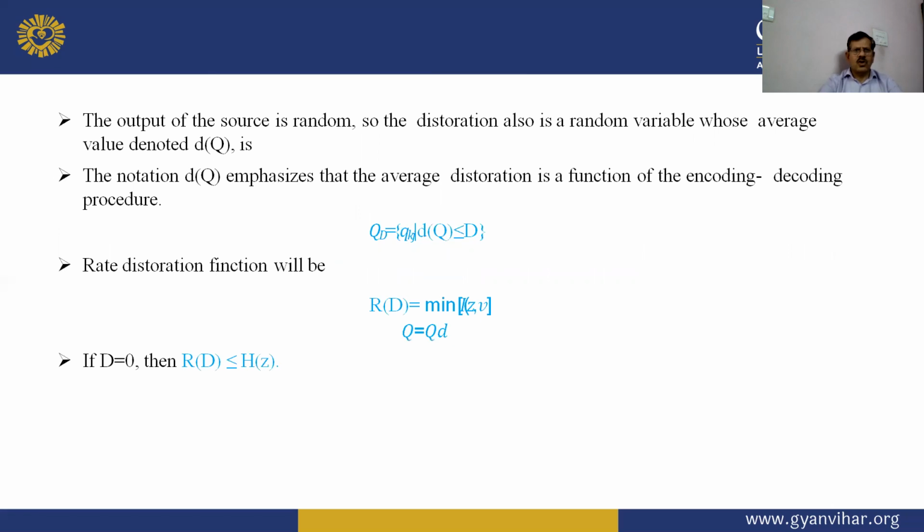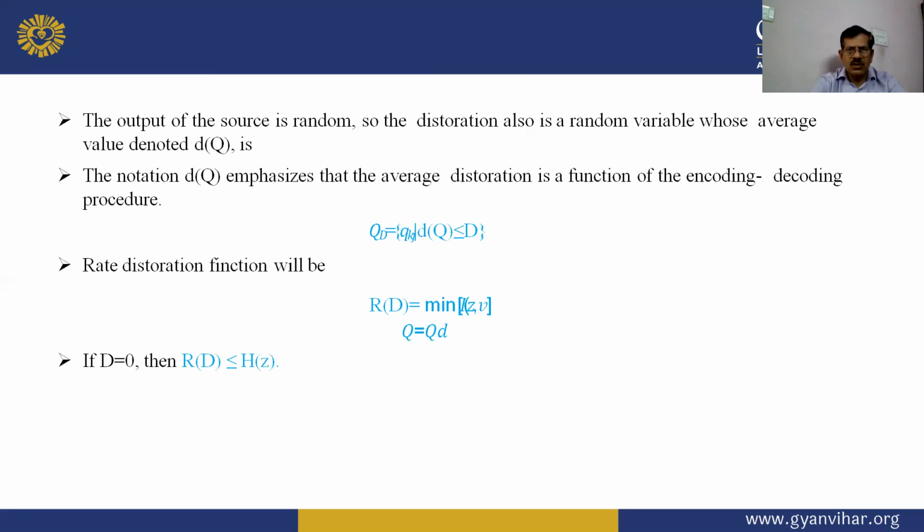The output of the source is random, so the distortion is also a random variable whose average value is denoted by d(Q). The notation d(Q) emphasizes that the average distortion is a function of the encoding-decoding procedure.